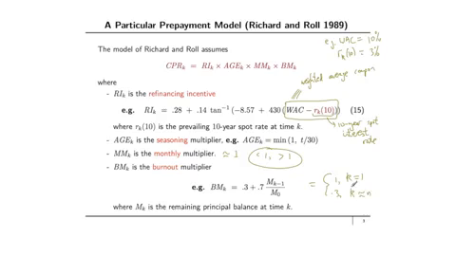Early on in the life of the mortgage, this burnout multiplier is equal to 1, but it decreases linearly through the life of the mortgage and falls to 0.3 at the very end. And this is just used to reflect the fact that people who can prepay tend to prepay early. For various reasons, there are some people who have houses who can't prepay or who don't want to prepay, and those people, if they haven't prepaid early in the life of the mortgage, then it turns out that they become increasingly less likely to ever prepay. And so that's the burnout multiplier.